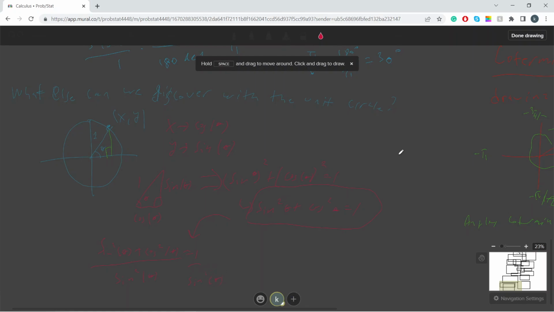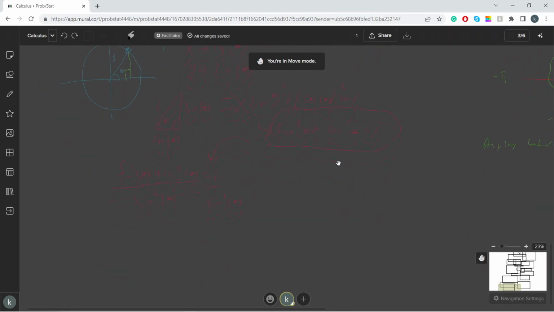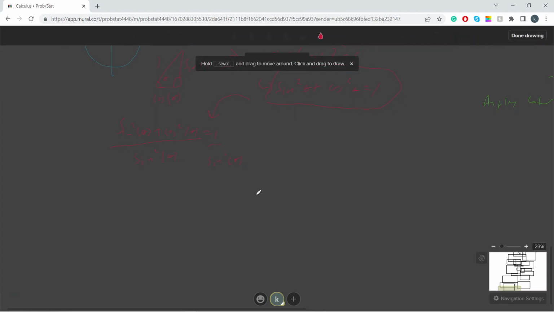Doing this operation brings us to another helpful identity, and it's equivalent to the original identity because we're dividing both sides by sine squared of theta, so we're not really changing the value. So this is going to be 1 plus, what is cosine over sine? That's cotangent. And because we're doing cosine squared over sine squared theta, this is going to be cotangent squared theta. And what is 1 over sine squared theta? Well, remember that 1 over sine is cosecant, and thus 1 over sine squared theta is cosecant squared theta.